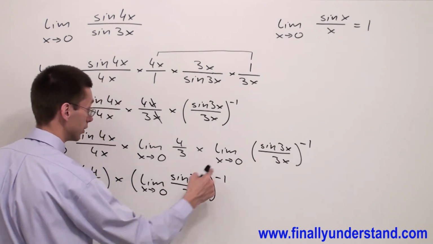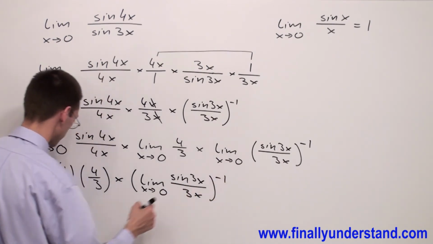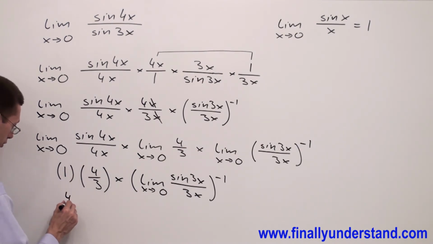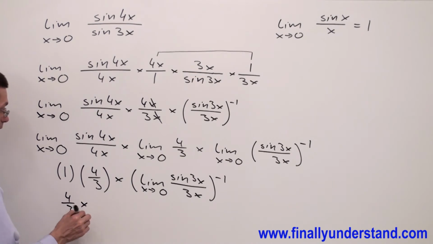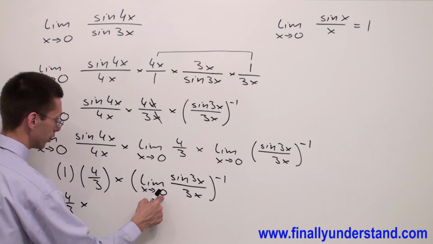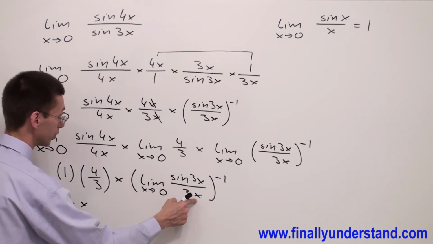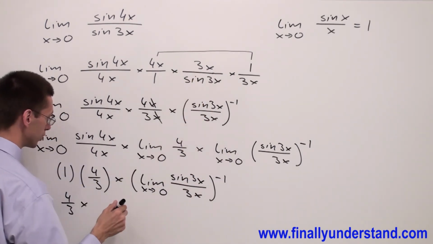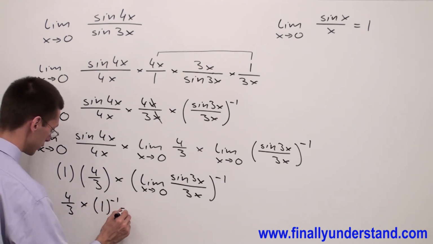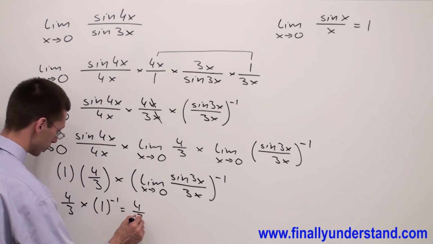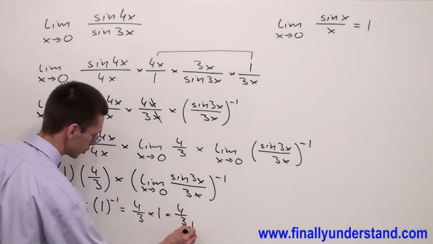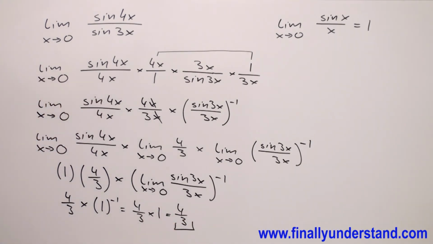This is the way you can rewrite this expression. 1 times 4/3 is equal to 4/3 times limit with x approaching 0 of sine 3x over 3x, according to this formula, is equal to 1. So 1 to power negative 1, this is equal to 4 over 3 times 1 is equal to 4 over 3. And this is the solution to my problem.